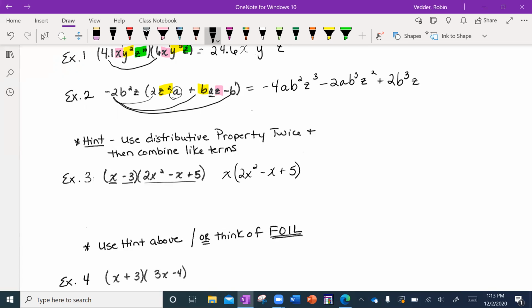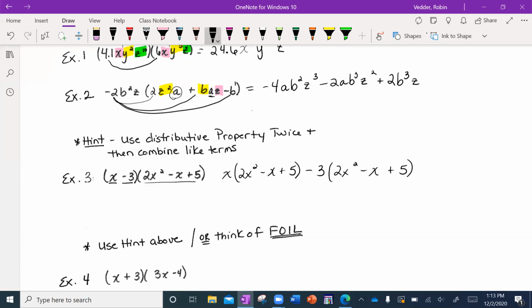Then we have to distribute the -3 to all of those guys as well. So -3 times 2x squared minus x plus 5. Now you could either write it out like that separately, where you multiply everything in the first parentheses by everything in the second parentheses.